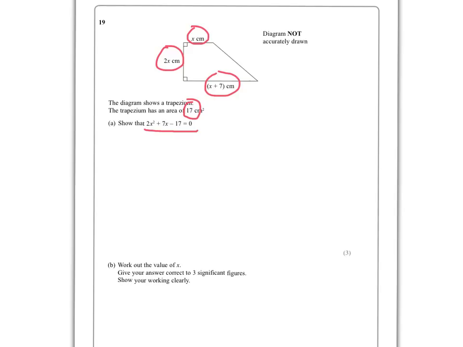So, add up the two parallel sides, x plus 7, divided by 2, times 2x, and we're told that that equals 17. Now, the 2 and the 2 cancel out, so it's x times x plus 7.